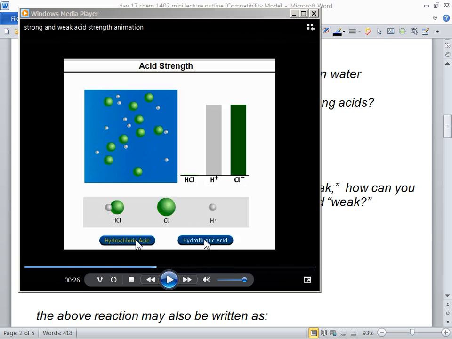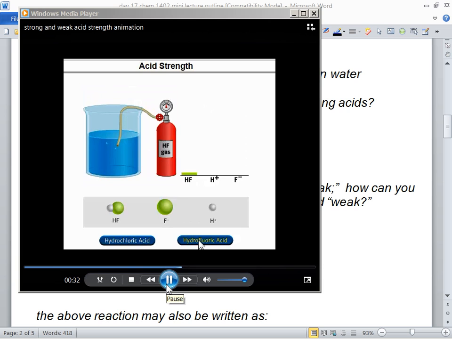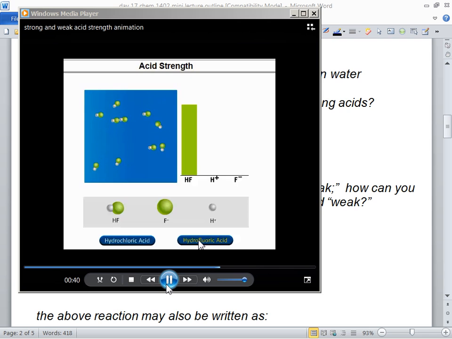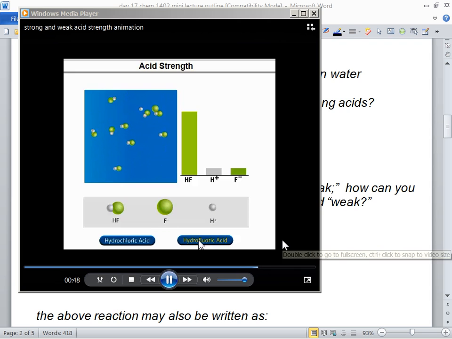Let's take a look at hydrofluoric acid. So bubble hydrofluoric acid into water. So you got a lot of hydrofluoric acid. And at the molecular level, here's an HF molecule, fluoride and hydrogen ion. Oh, there's one.